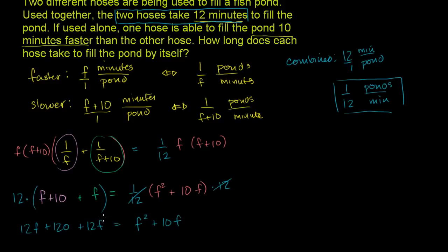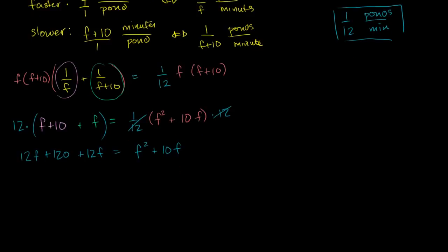And now we have a quadratic. We just have to get it into a form that we know how to manipulate. Before that, we can simplify it. We have a 12f and a 12f, so this becomes 24f plus 120 is equal to f squared plus 10f. Then let's get all of this stuff out of the left-hand side and onto the right-hand side.